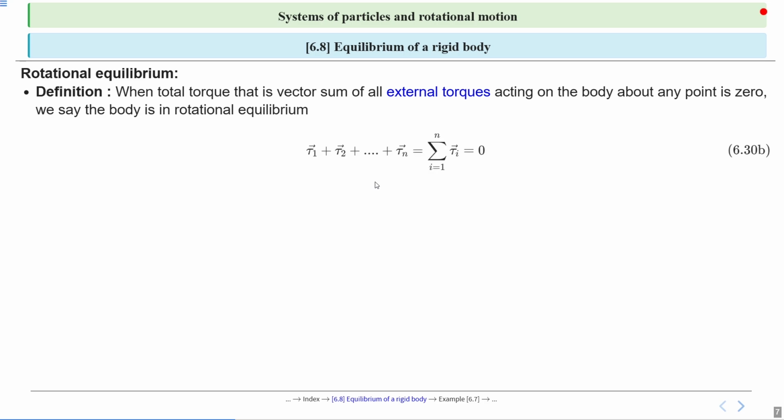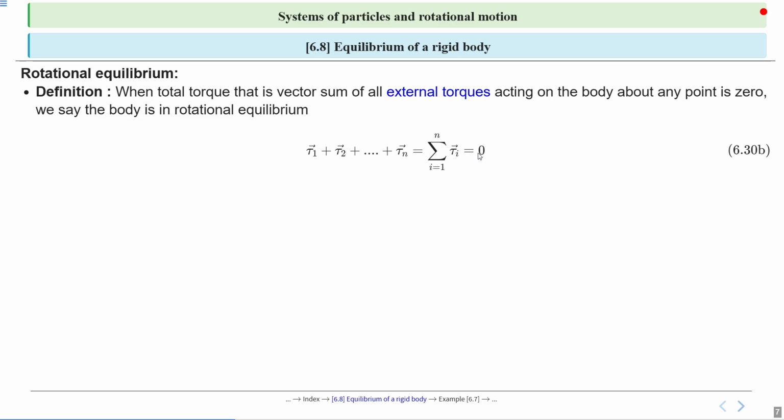So according to the definition of rotational equilibrium, the net torque, or total torque, that is the vector sum. Suppose we have n particles. The total torque acting on the system, tau 1 plus tau 2 plus up to tau n, is equal to 0.